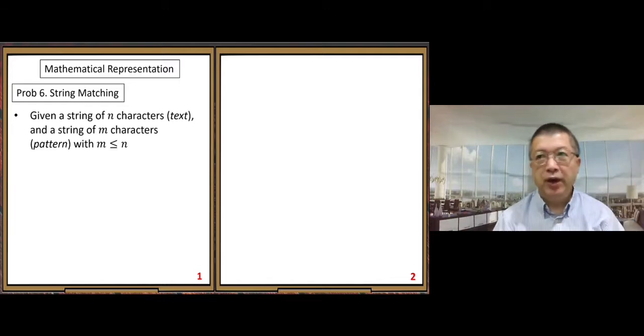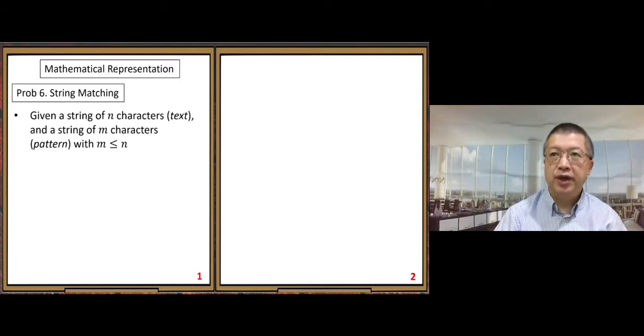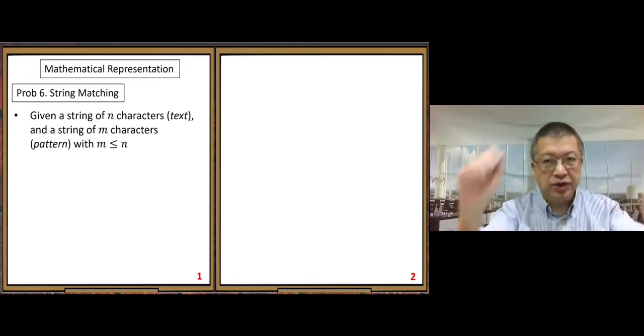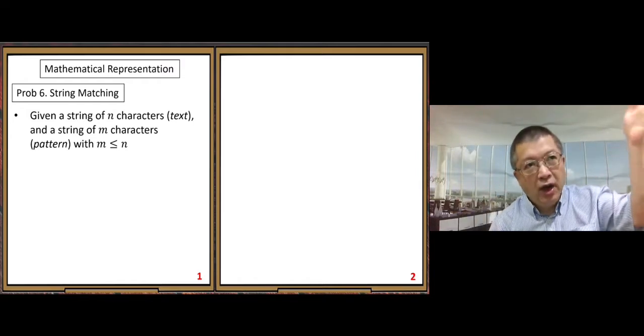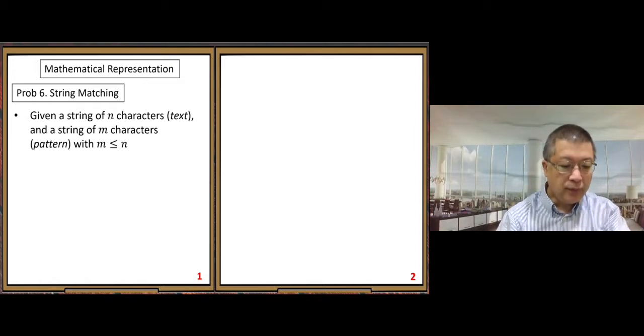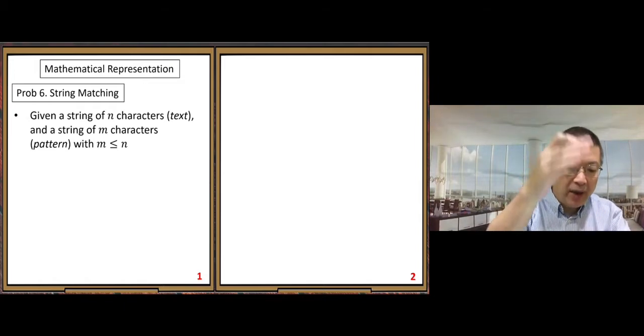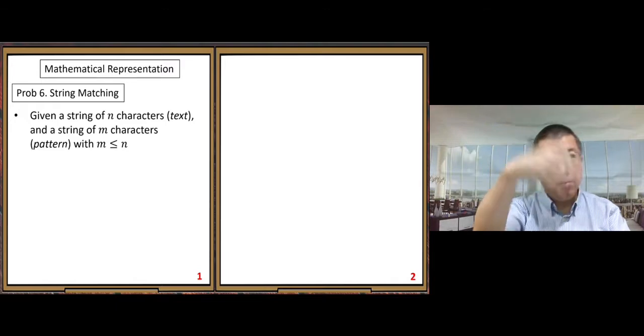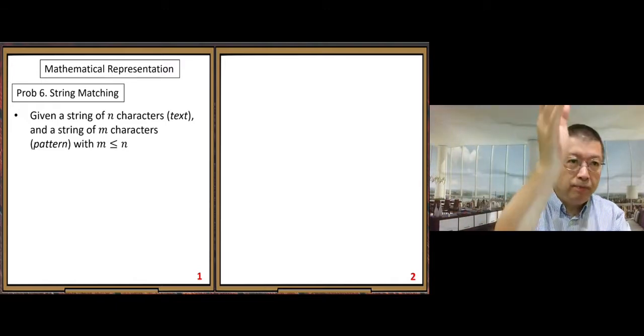All the characters in a sequence, so we consider an array of characters. And a string of m characters to compare, so we call it pattern.